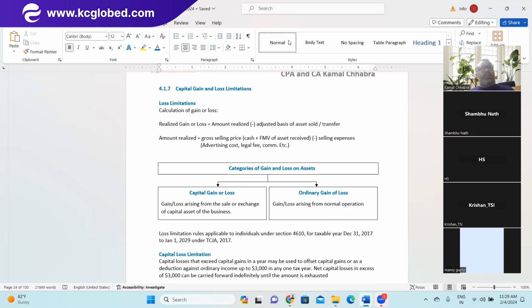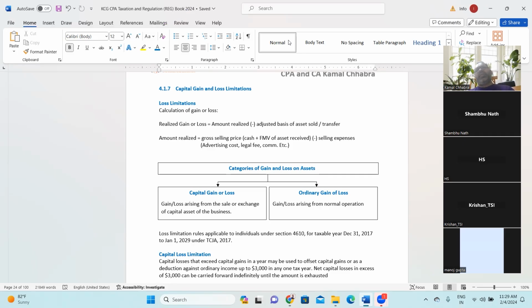The basis of an asset, which we have already studied, includes cost of purchase, insurance, freight, installation cost, everything, minus any depreciation, amortization, depletion, plus any cost of improvement you have incurred. That is the adjusted basis of the asset you are selling. The difference between these two is the realized gain.